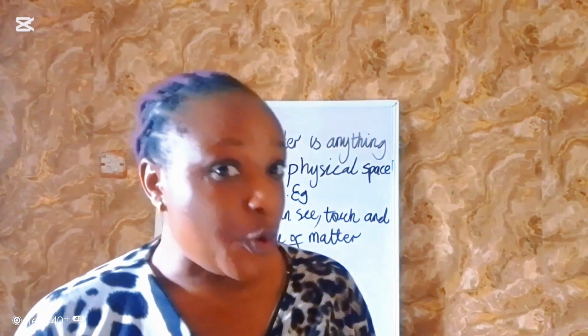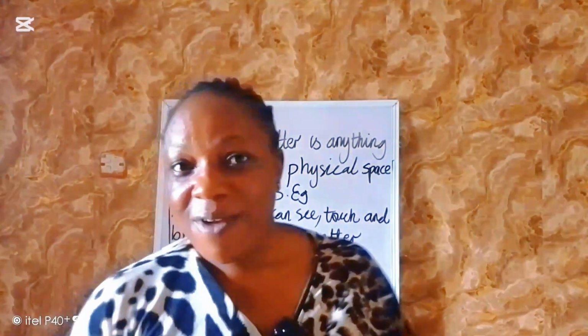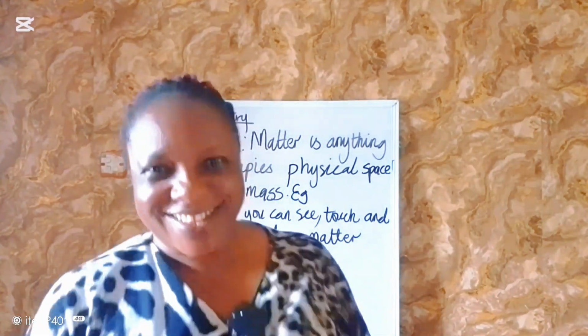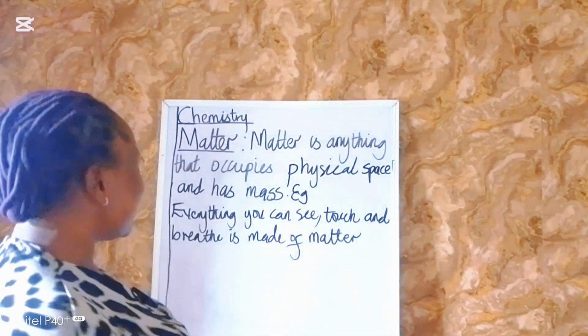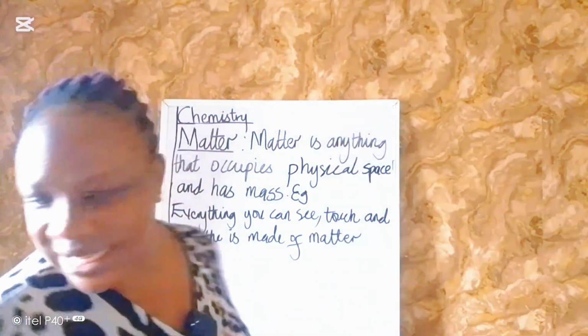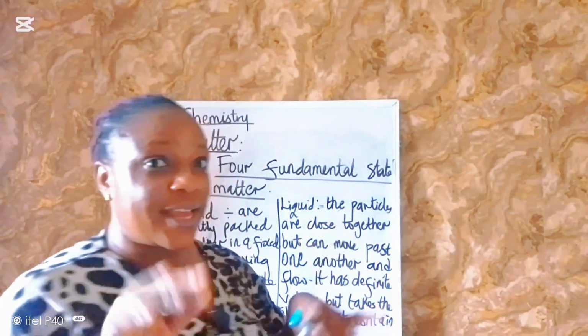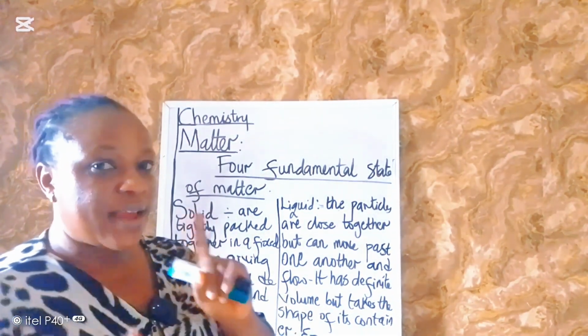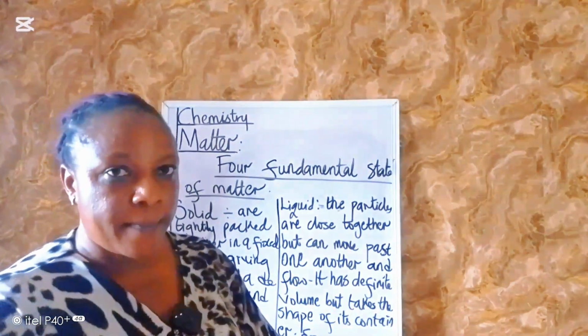Not only that, you that is watching me, wherever place you are watching, you must be sitting down, or standing up, or lying down, or walking probably. That place you are occupying space and you have particles inside you, so you are a matter. Do you understand it? Okay, having said that, let's go to the branches of matter. Now we have come to the four fundamental states of matter.